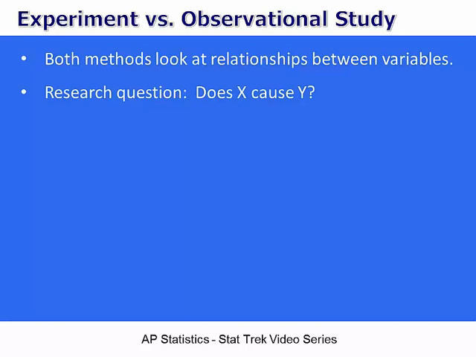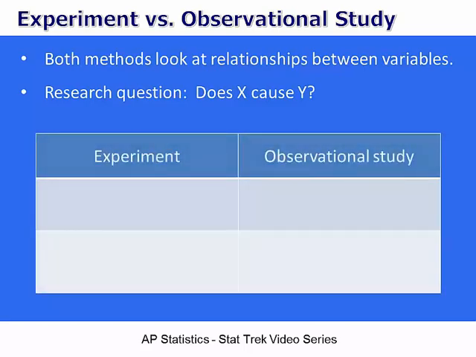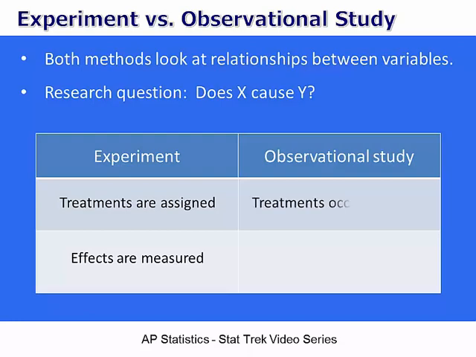To answer this question, researchers measure variables of interest in different groups of subjects. With experiments, researchers assign treatments to groups and then measure effects of those treatments. With observational studies, researchers study naturally occurring groups and look for patterns of relationship between variables.